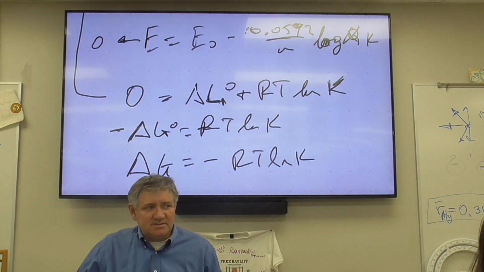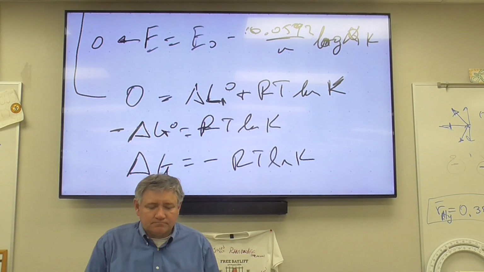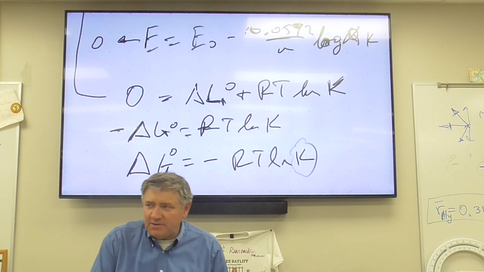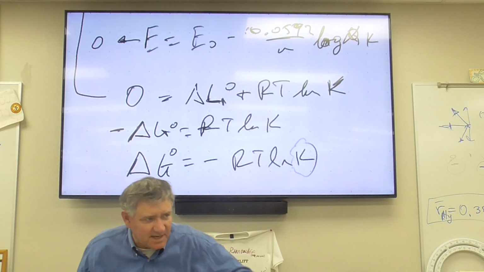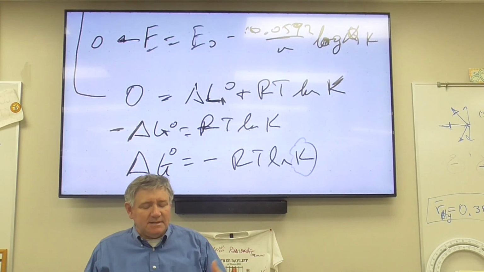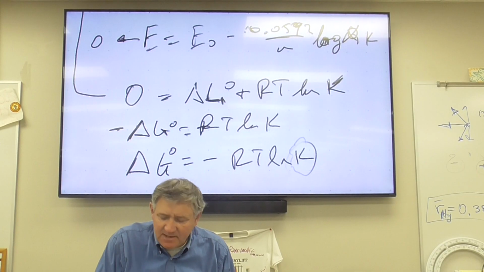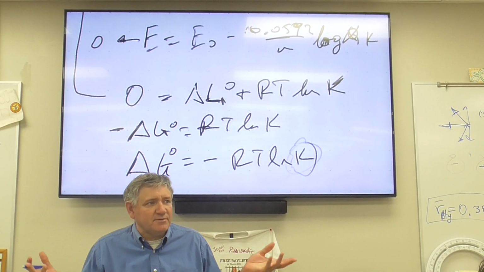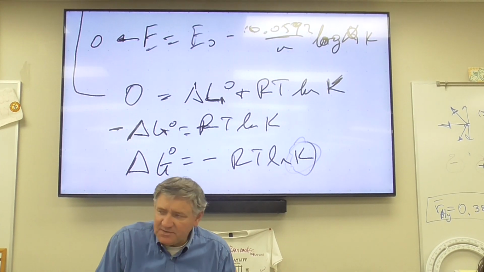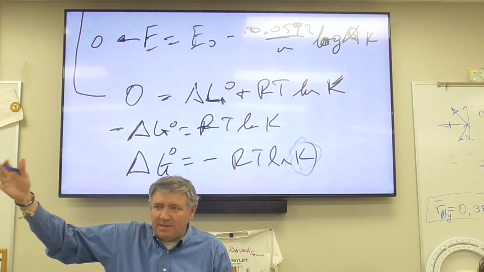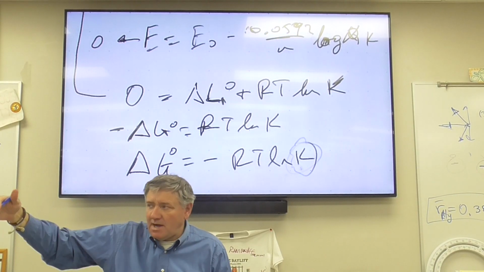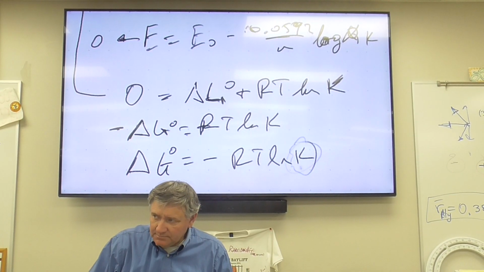So, here's the bigger idea. If K is a big value, this is where hopefully all this kind of comes together into one big idea. If K is a really, really big value, 1,000, whatever that is, if you take the natural log of a big number, is the natural log of a big number a positive or negative value?